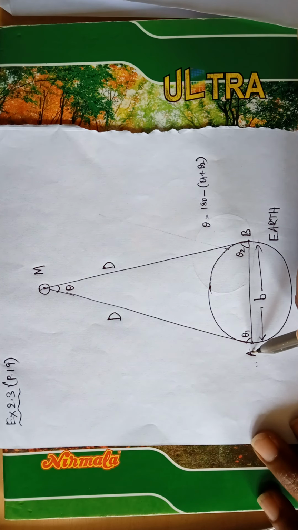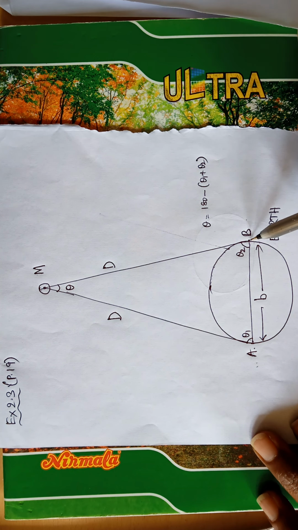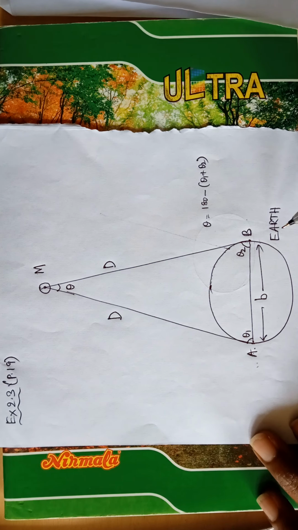From A you are looking at the moon and you measured angle theta 1, and coming to the point B, the other end of the diameter, you looked at the moon again and you measured the angle of inclination theta 2.